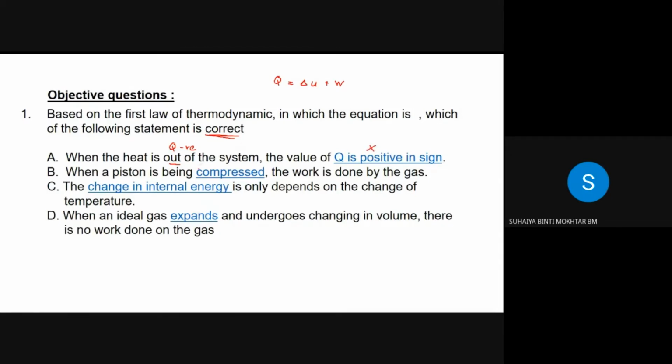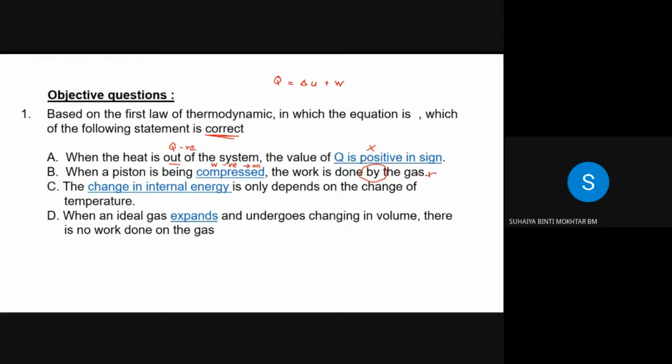Then B, when the piston is being compressed, volume decreases, so W should be negative, work done on the system. If by the system, it is positive. So this one is wrong. Compression must be negative, work done on the system.